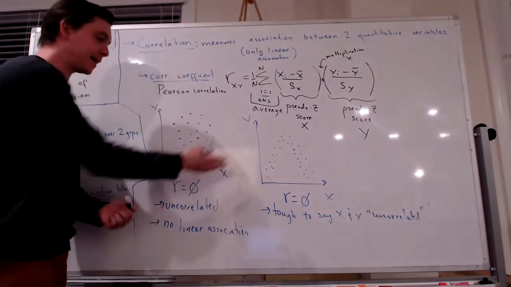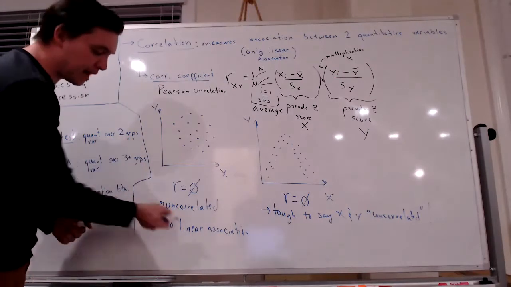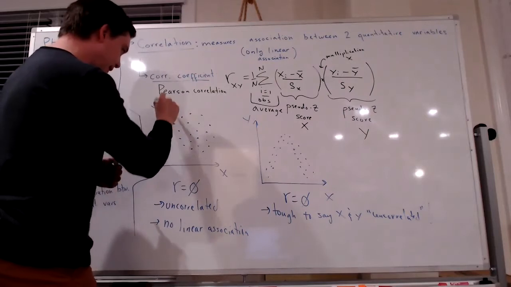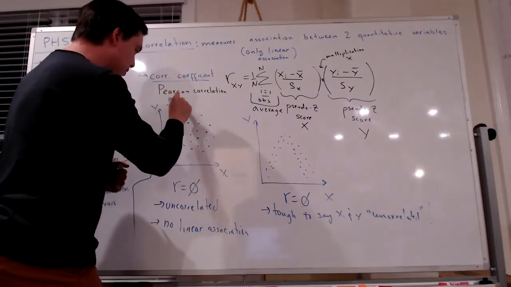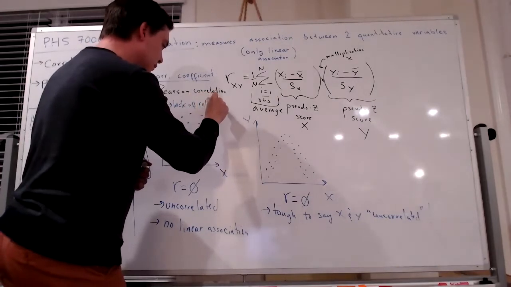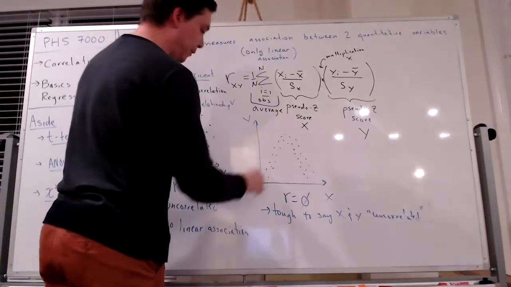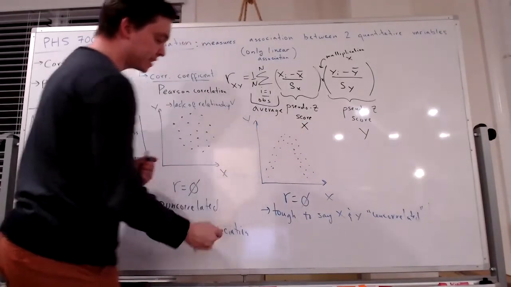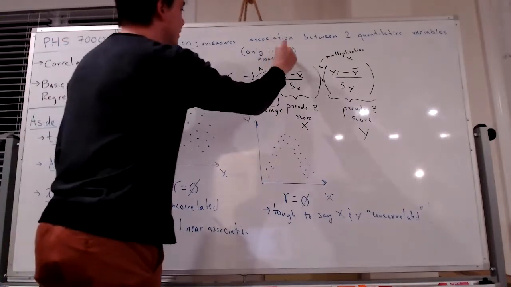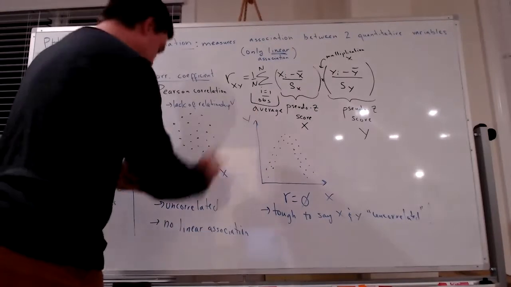Tough to say that X and Y are uncorrelated here, because uncorrelated really implies a lack of a relationship. So here, okay, yes, lack of relationship, of course. But here, I wouldn't call this lack of relationship. This is a very strong relationship. It's just not a linear relationship.